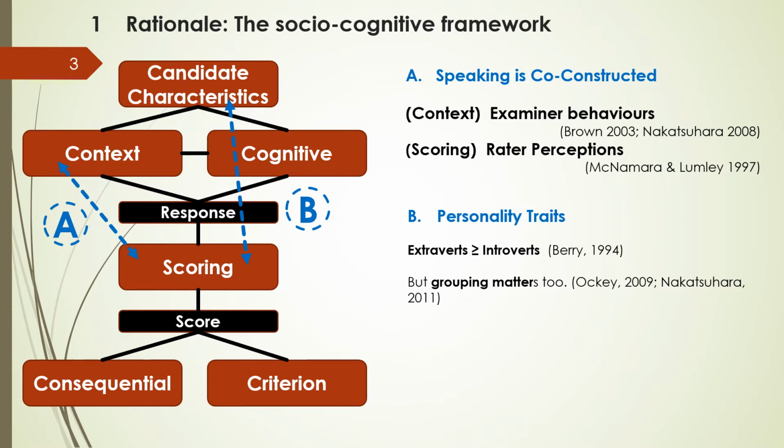Personality explains some of the variance in test taker behaviour, therefore. Who a test taker is, to some degree, affects how they interact and how much they talk, or do not.